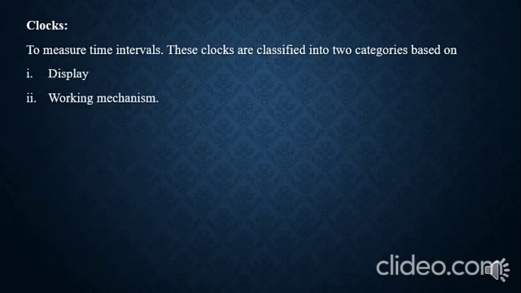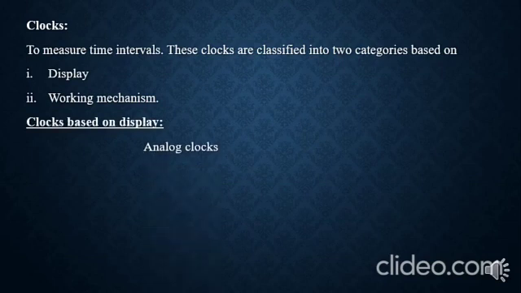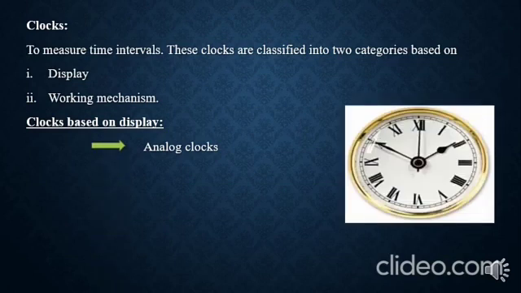When I say based upon display, obviously two things come to your mind, that is analog clocks. What are these analog clocks? This is an analog clock. From the picture you can see that it has three hands. The needle in a clock is called the hand.